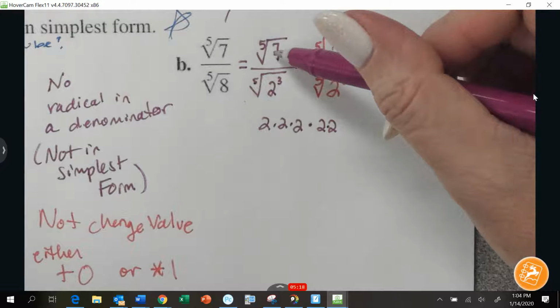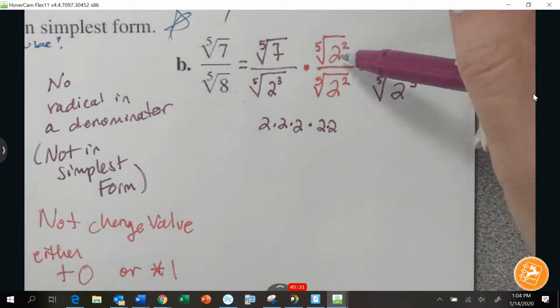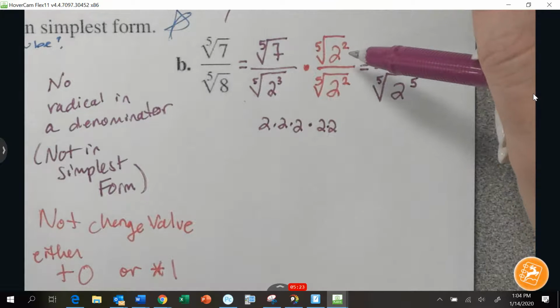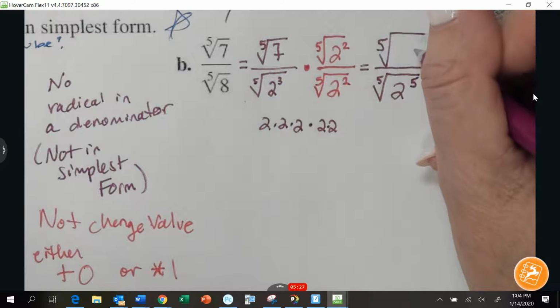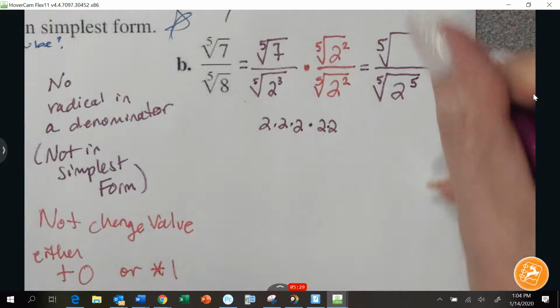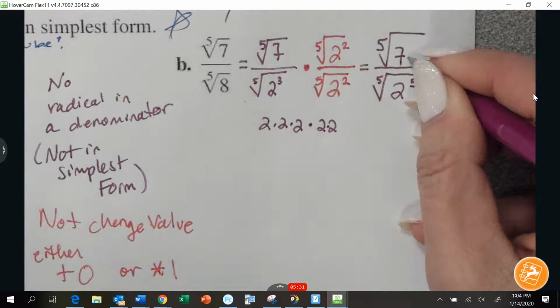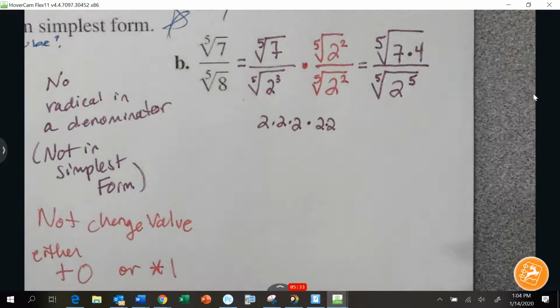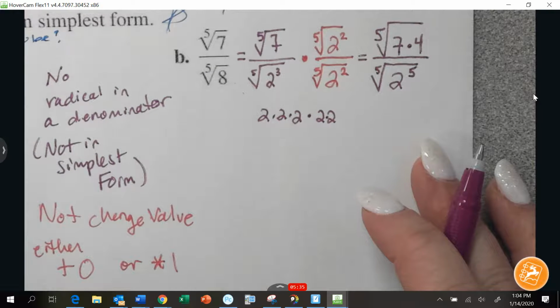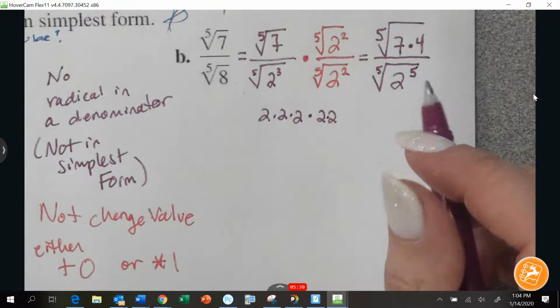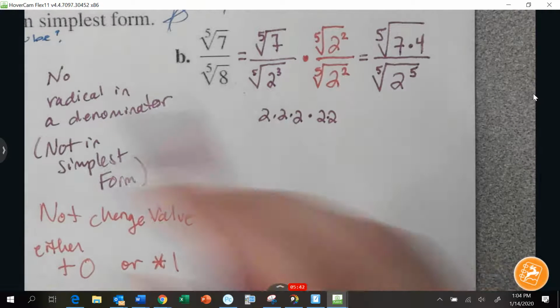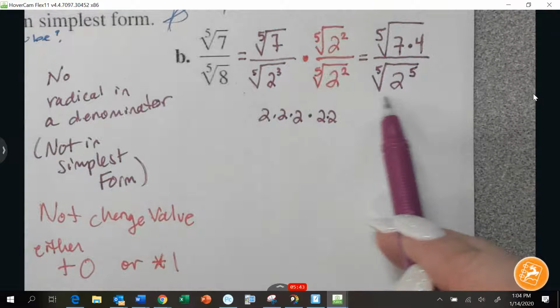So when I multiply the 5th root of 7 and the 5th root of 2 squared, which is 4, what do I get? I get the 5th root of, we're multiplying, 7 times 4. 28. Okay, so now I have one more step. I cannot leave a radical in the denominator.